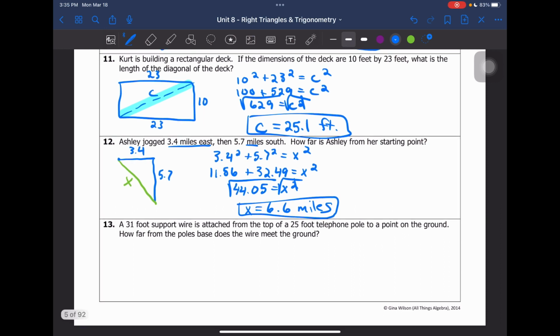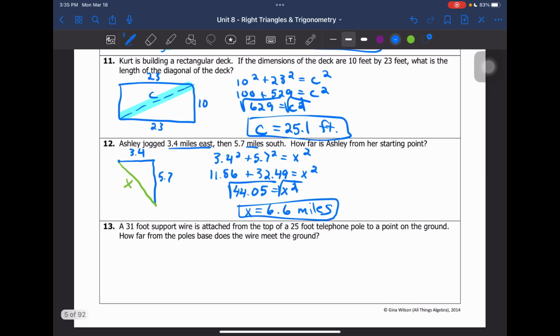Number 13 says that a 31-foot support wire is attached from the top of a 25-foot telephone pole to a point on the ground. How far from the pole's base does the wire meet the ground? So let's see if we can visualize this.